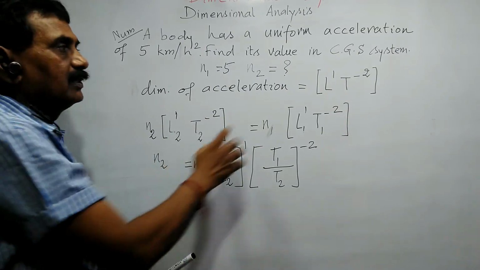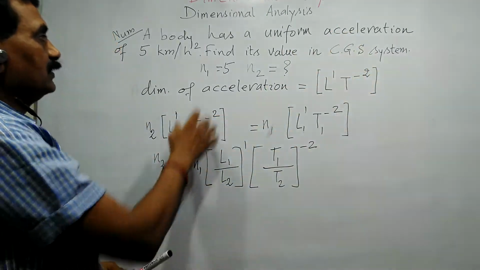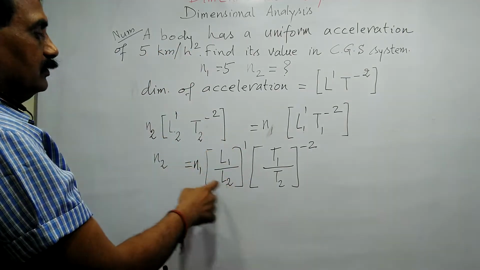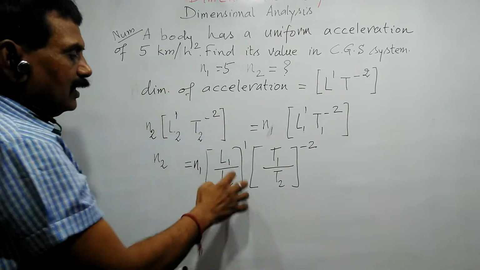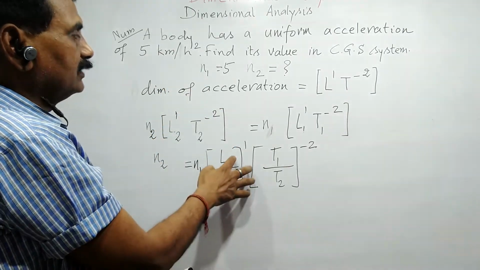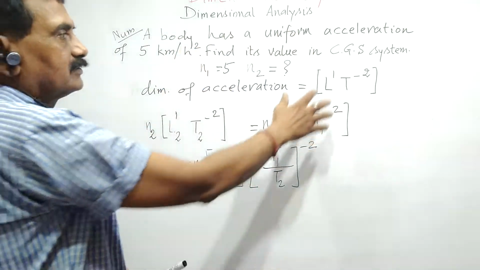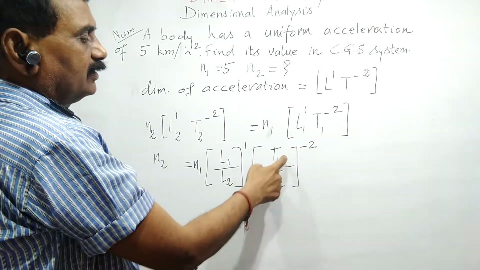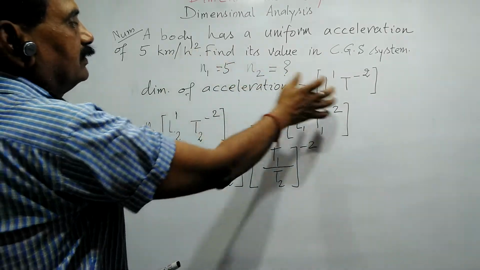N2 will be the numerical value of acceleration in CGS units. N1 is the numerical value of acceleration in kilometer per hour squared. L1, L2 are the dimensions of length of the first and second systems. First means kilometer per hour squared, and second system means CGS. T1, T2 are the dimensions of time in these two systems.